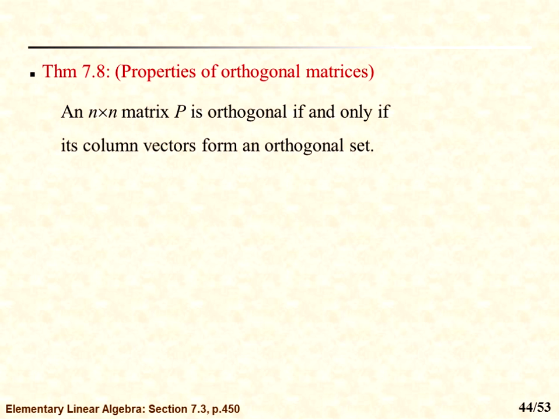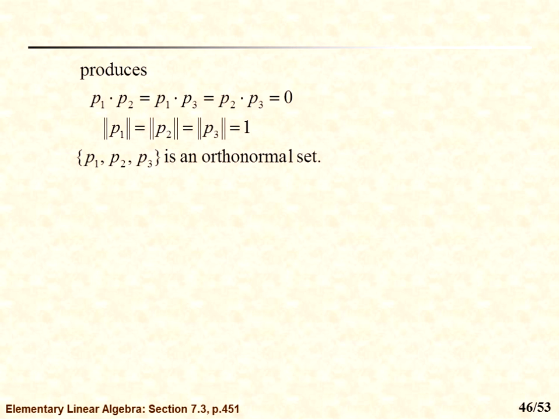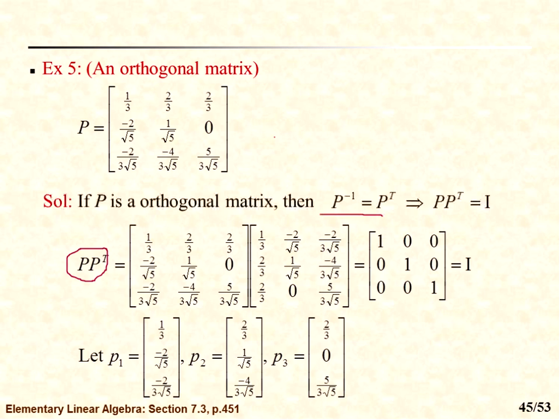If P is an orthogonal matrix, then P inverse is equal to P transpose, or we can write P times P transpose is equal to I. If we show that P times P transpose is equal to I, then we can directly say that it is an orthogonal matrix.